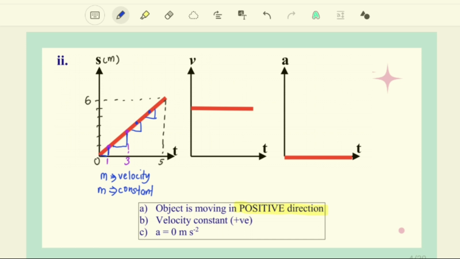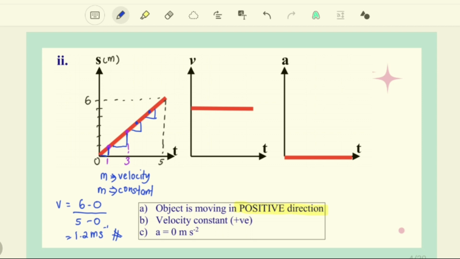So, how do we calculate the velocity? We need to calculate the gradient. V is equal to y2 minus y1 over x2 minus x1, for example 6 minus 0 over 5 minus 0. So kita pun kira. We calculate 6 divided by 5, which is 1.2.